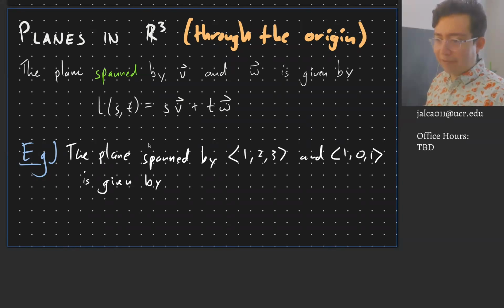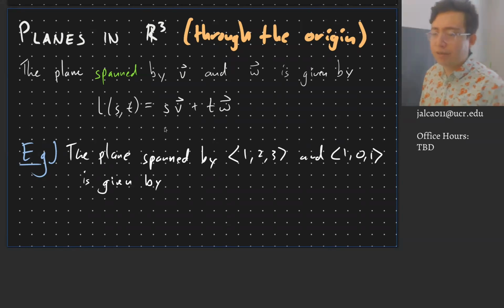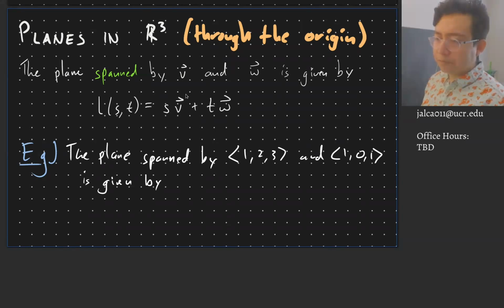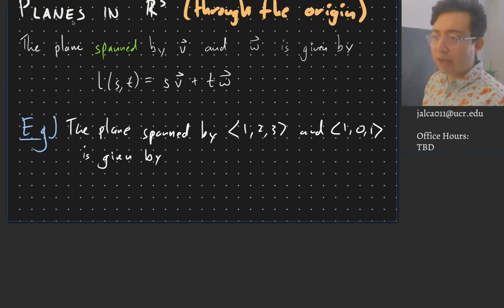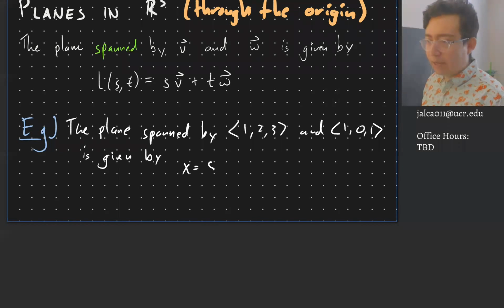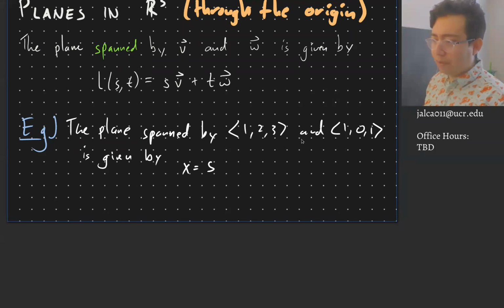so again, we have this version of the equation, which you could then interpret as an XYZ situation again. So we can have X equal to S times 1 plus T times 1. Y is equal to S times 2 plus T times 0, so that's 0.